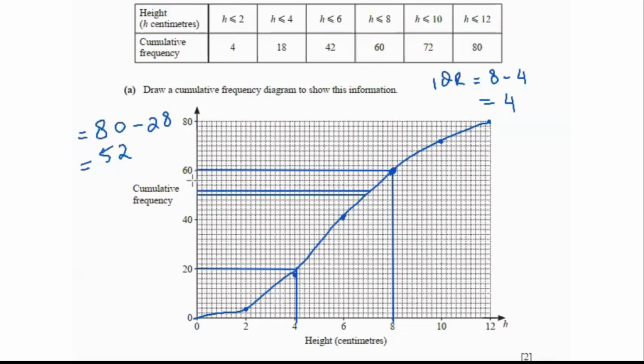That's 54, 56, 58, 60, yeah. That's going to be 52, and the corresponding height for that is 7, yeah. So 7 centimeters is your height. So your plants have to be taller than 7 centimeters.